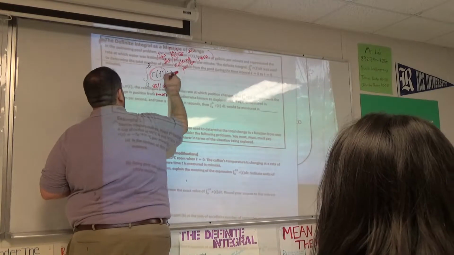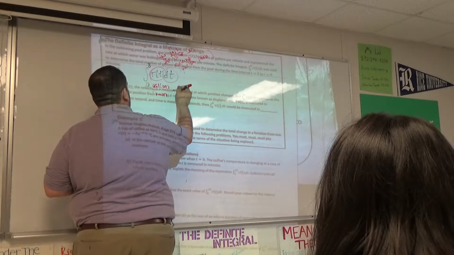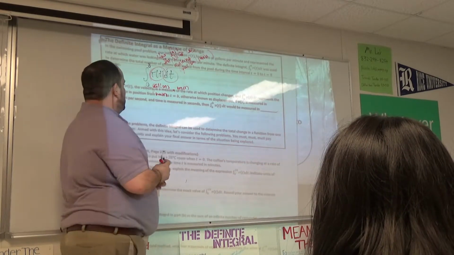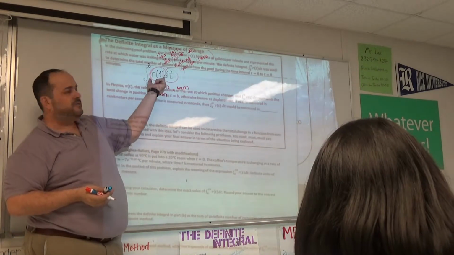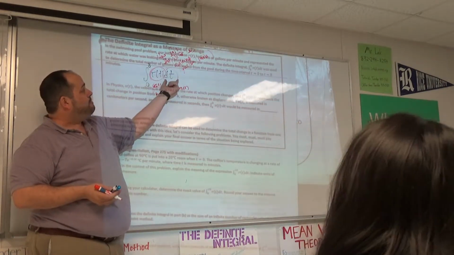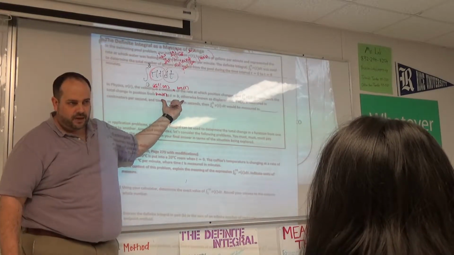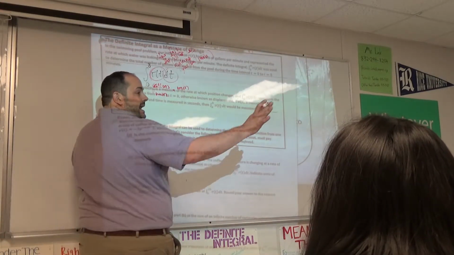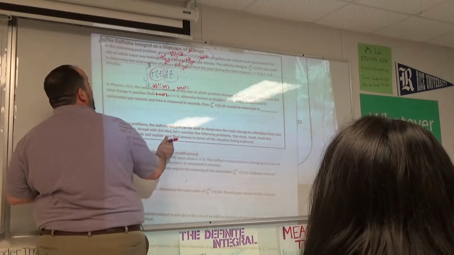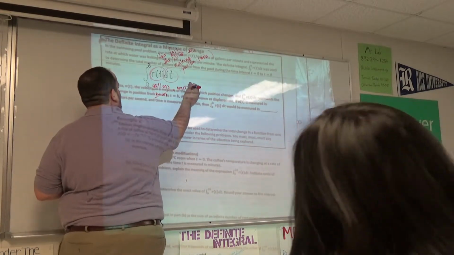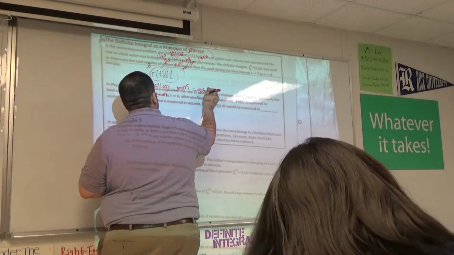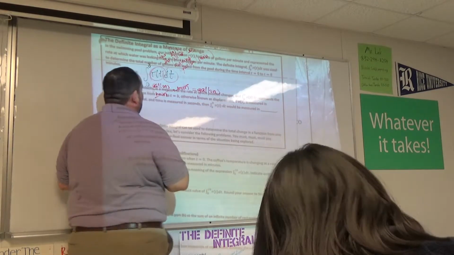And the units for the time were minutes. If I've got gallons per minute for the units for R of t, and minutes as the units for the dt, what are the units for the whole thing going to have to be? Not gallons per minute squared. Gallons. You've got minutes in the denominator, minutes in the numerator. This is just going to be gallons.